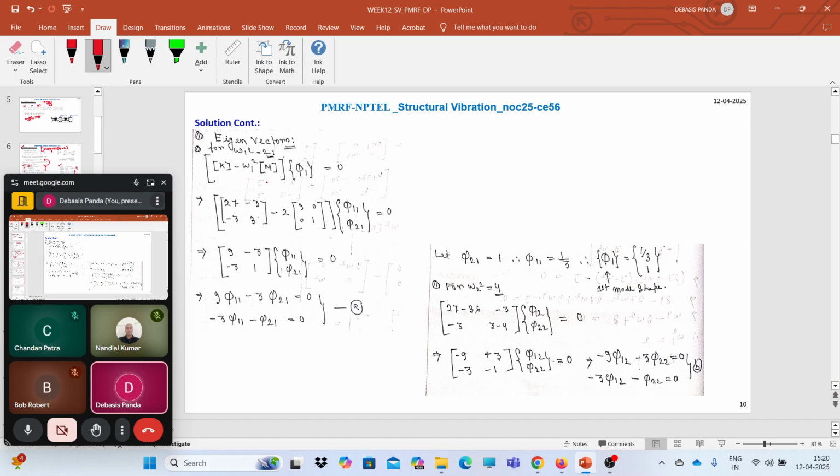Again, for that you use the characteristic equation for the first natural frequency: k minus omega square m. So we now have the k matrix, the m matrix, and the value of omega square, multiplied by phi 1. That phi 1 actually contains the first mode shape, phi 1 1 and phi 2 1.